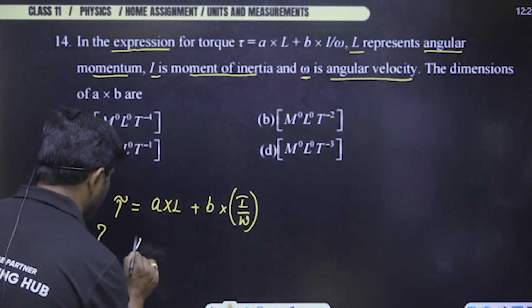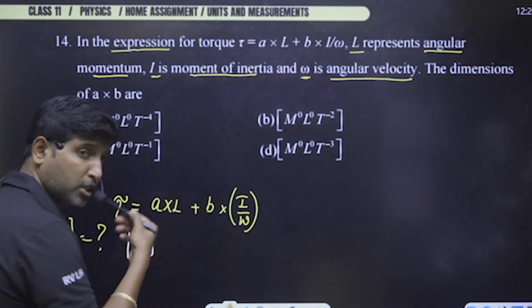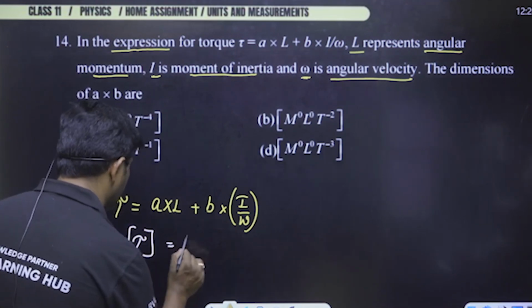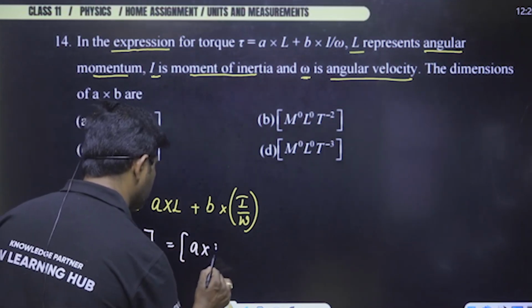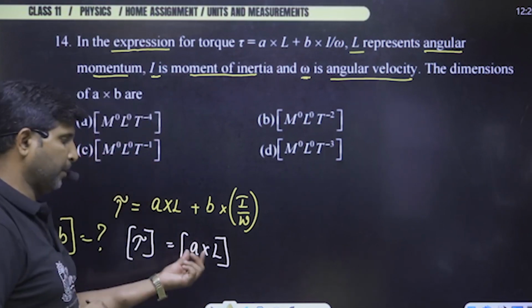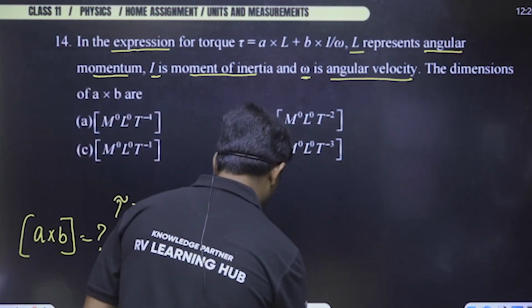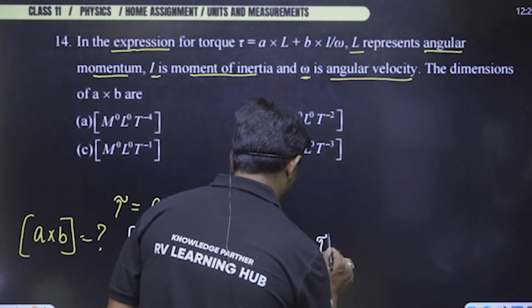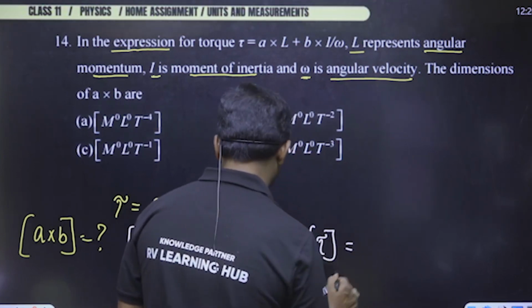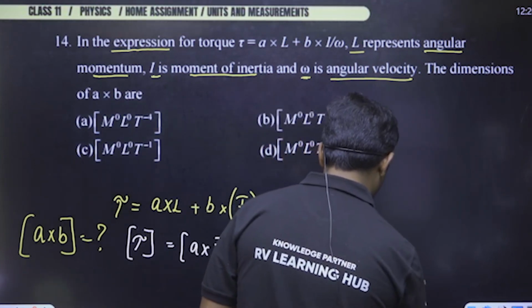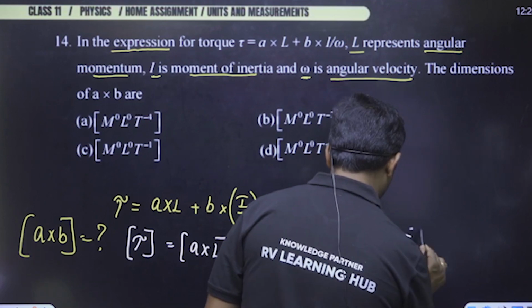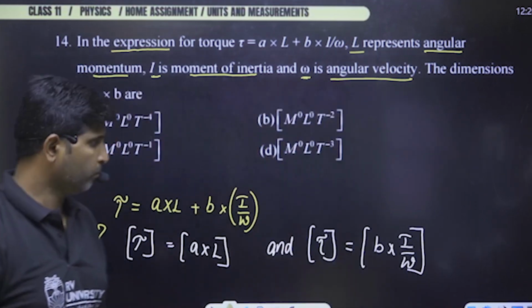From the principle of homogeneity, we can say dimensions of torque must be equal to dimensions of A into L, and dimensions of torque must be equal to dimensions of B into I by omega. Is it right?